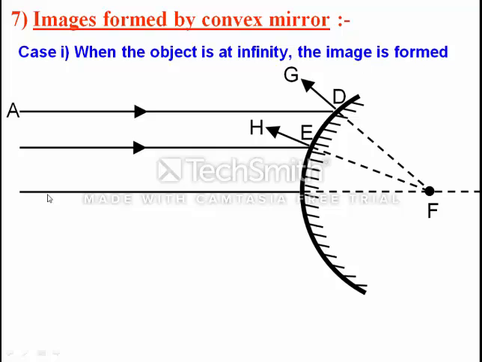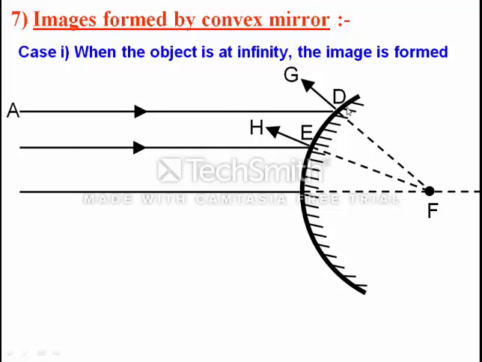When the object is placed at infinity, the object will be very much bigger, enlarged. We take two rays coming from this object, let this one be AD and this one BE.